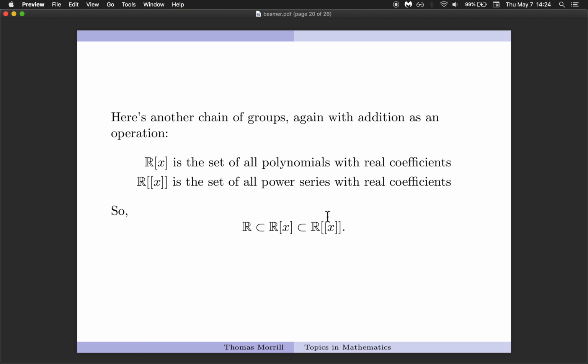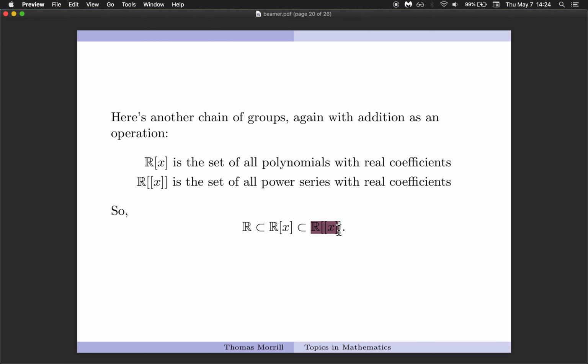What might not be obvious is that all three of these sets are, again, groups, and they're groups under addition. So there is a 0 element in all of these. The number 0 is a real number. You can think of 0 also as a polynomial that is just the constant term 0.